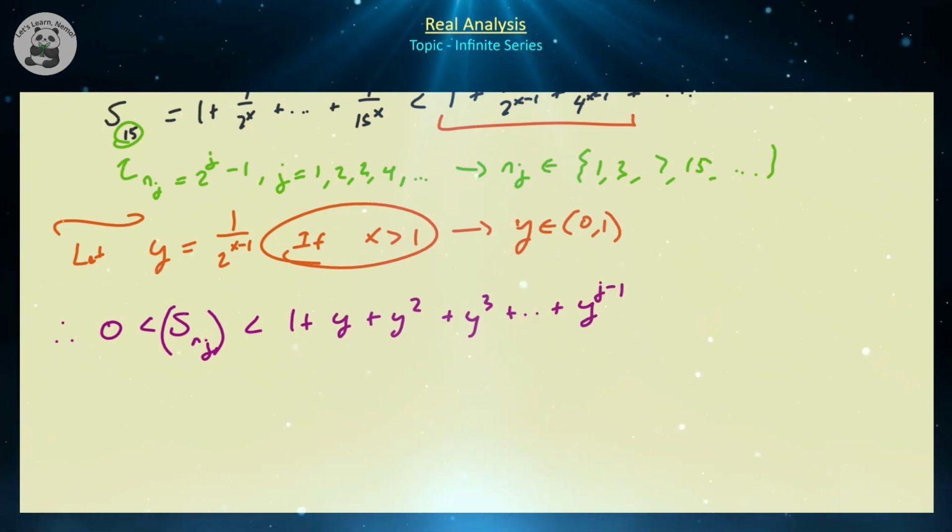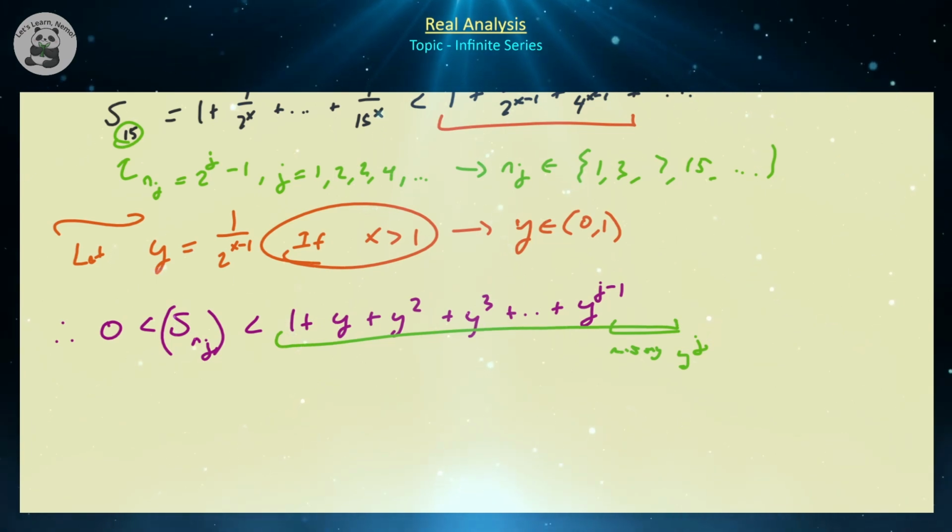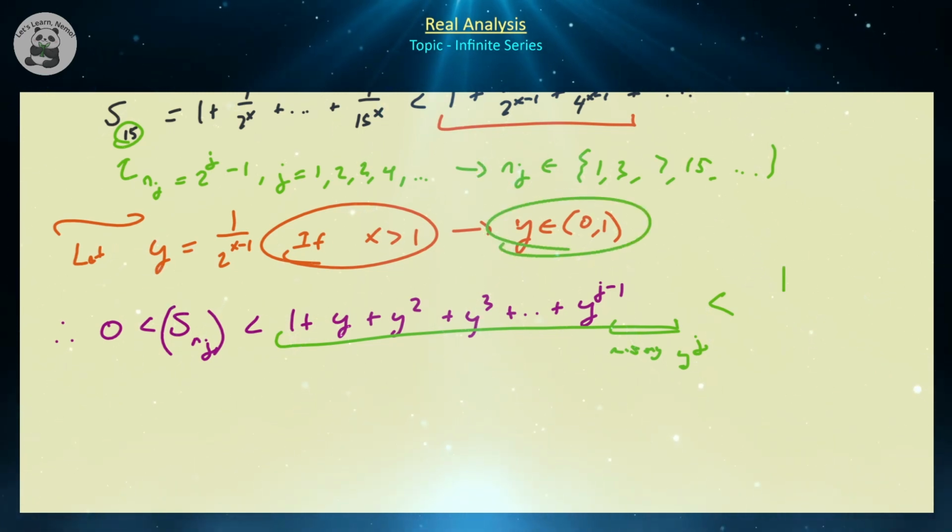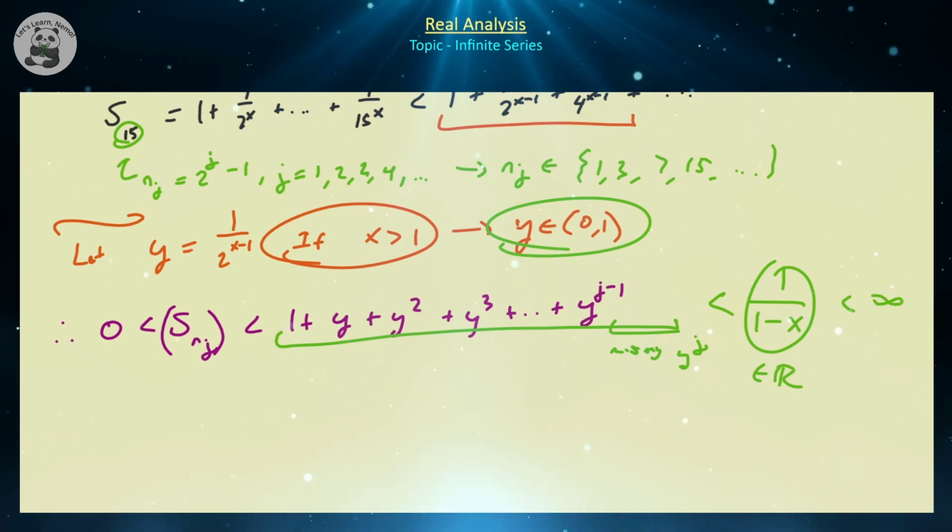Notice here that I'm missing our y to the power of j term, and so this is not quite a geometric series. So it's going to be strictly less than the geometric series convergence value, because y is between 0 and 1. So this is less than 1 over 1 minus y, and this is a real number. So that means it's strictly less than infinity.